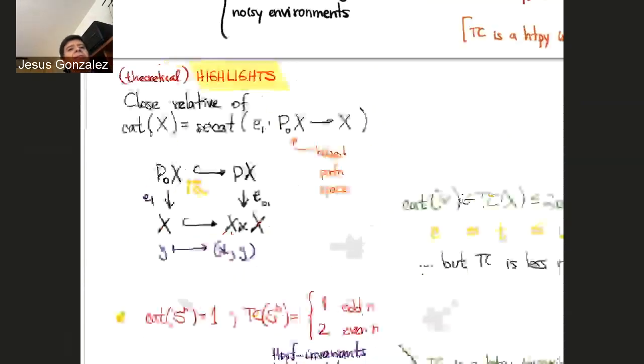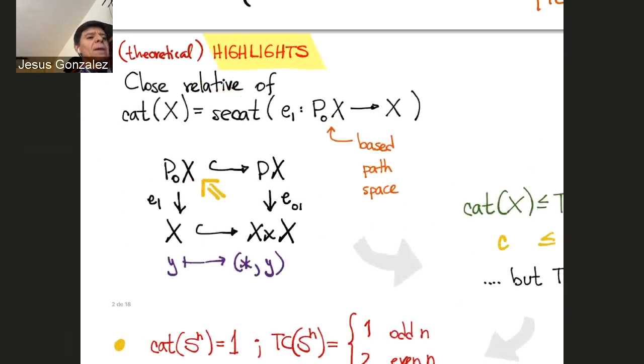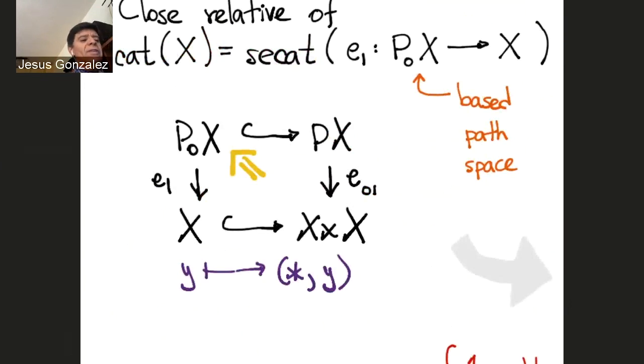So let me very briefly highlight some of the main properties of this concept. First of all, it is a close relative of the LS category of a space X. Namely, if you take the double evaluation map and restrict it through one of these sections, namely you send a point Y into a fixed point (star, Y), then the total space of this restricted fibration consists of those paths that start in the given fixed point.